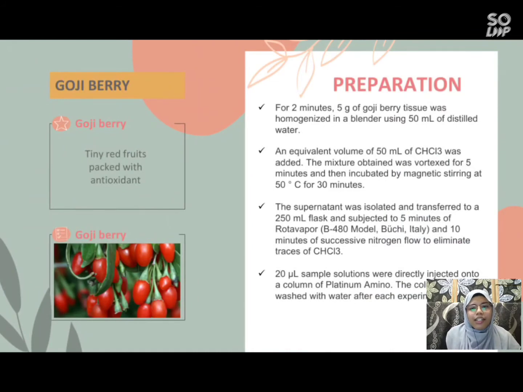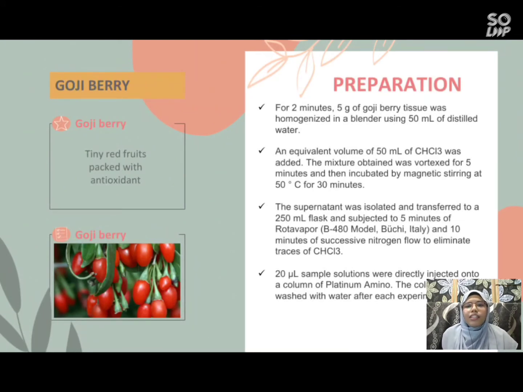Next is goji berry. Goji berry is a tiny red fruit packed with antioxidants. For the preparation, for 2 minutes, 5 grams of goji berry tissue was homogenized in a blender using 5 ml of distilled water. An equivalent volume of 50 ml of HPLC solvent was added and the mixture obtained was vortexed for 5 minutes and then incubated by magnetic stirring at 50 degrees Celsius for 30 minutes.